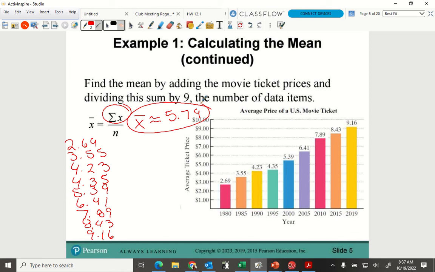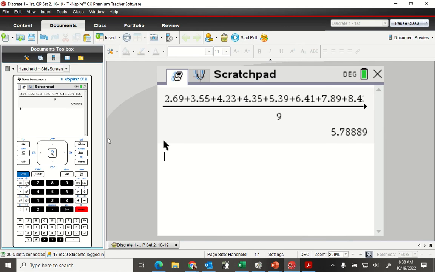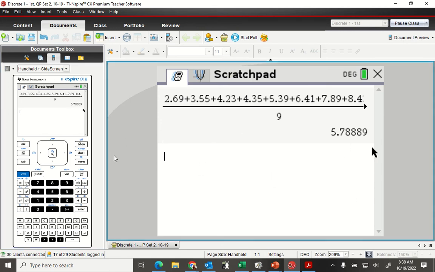All right. So now let's take a look and just do it using the calculator only. I am going to enter this just using the calculator, and I'm not going to have to set up the formula.